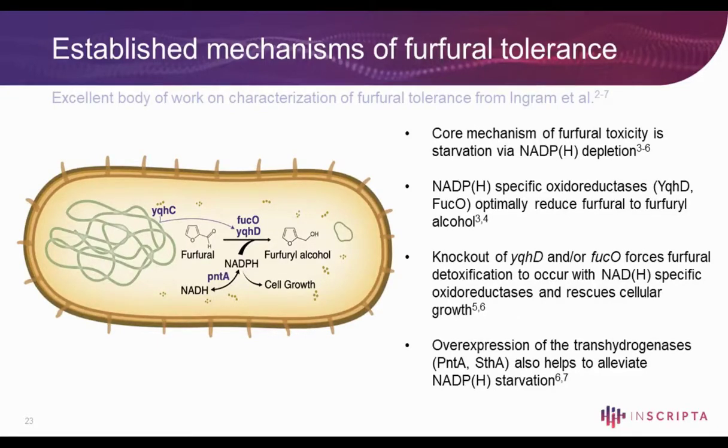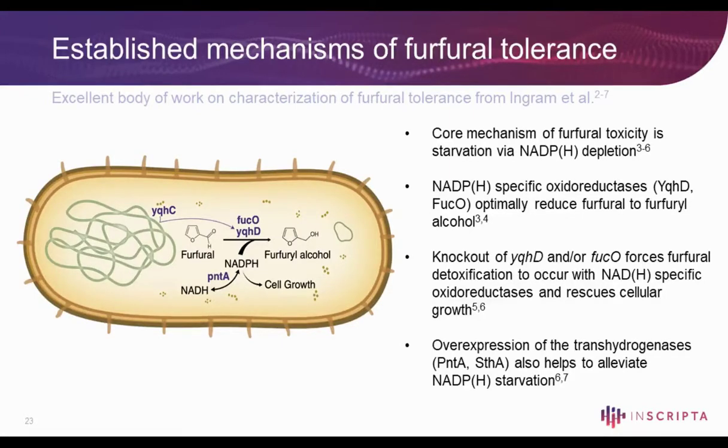The mechanism of Furfural toxicity is schematically represented here. It's known that Furfural toxicity is primarily based on starvation via NADPH depletion. NADPH-specific oxidoreductases reduce Furfural to the less toxic Furfural alcohol. These NADPH-dependent processes deplete cellular NADPH, resulting in reduced cellular growth.